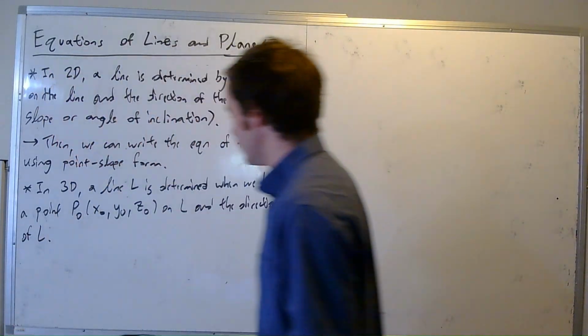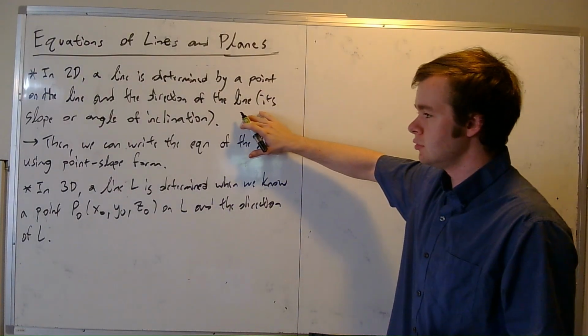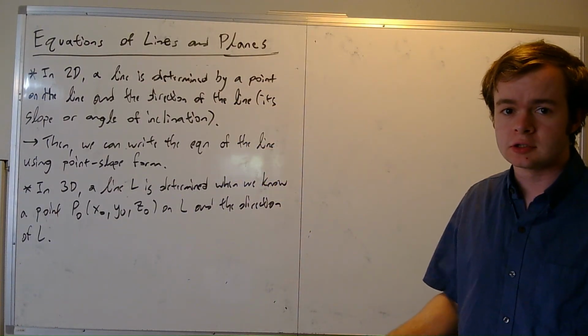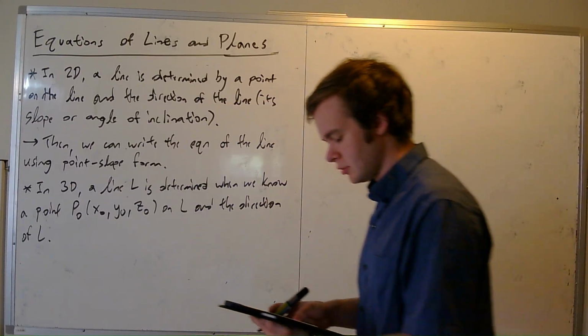Right, so it's the same thing. But the difference is whenever we're talking in 2 dimensions, we get to determine the direction just from the slope of the line. That's not necessarily the case in 3 dimensions.